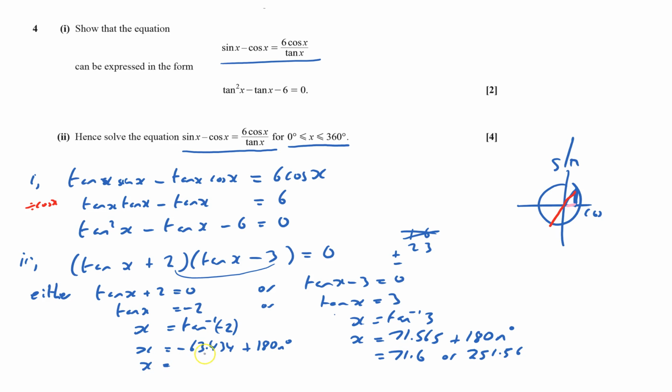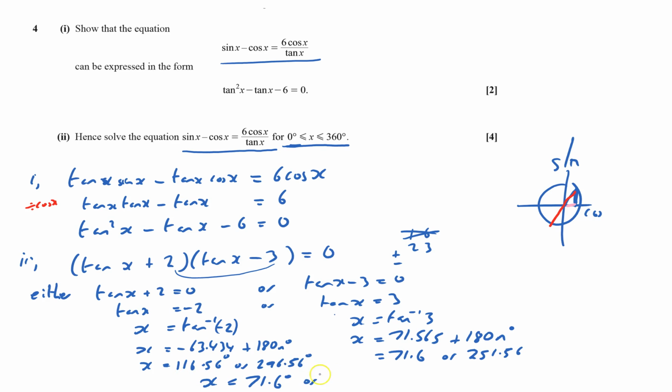So what could it be? I can't have minus 63 because that's not above 0, so I'd have to add 180 onto that, which gives me 116.56, or add 360 onto it, which would give us nearly 300, which is 296.56 degrees. And then I normally put them into order, so x equals 71.6, or the next one will be this one here.